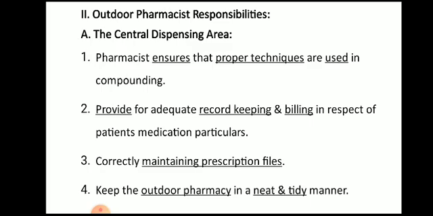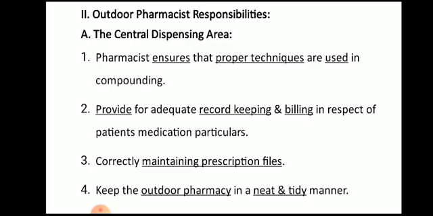In that, we can divide into three: A, B, C. The central dispensing area, patient care area, and general responsibility. In the central dispensing area, the pharmacist is ensuring many things, like proper techniques used in compounding.